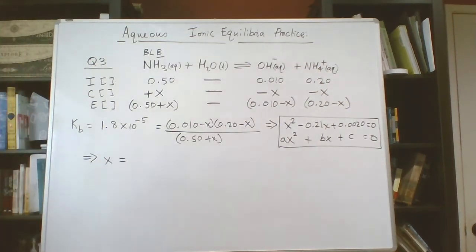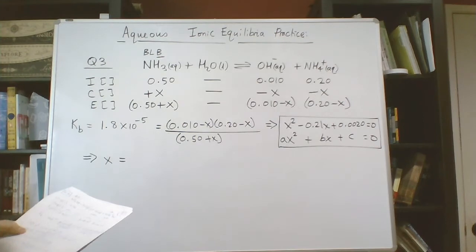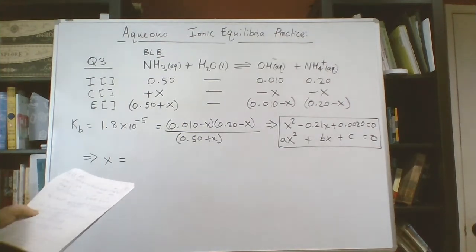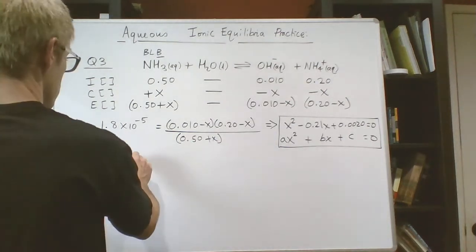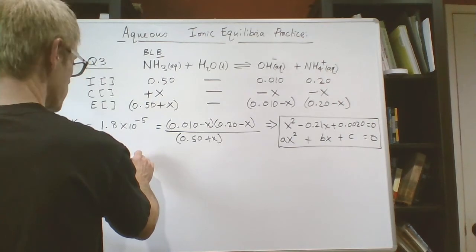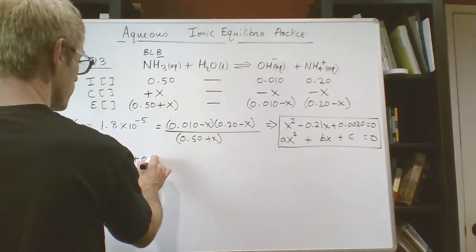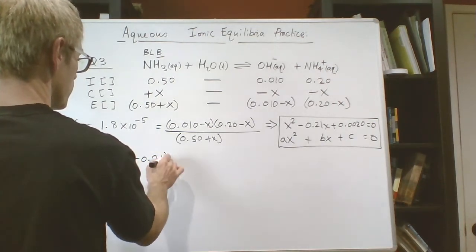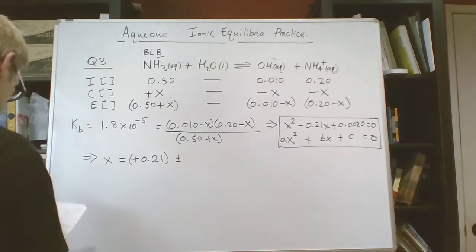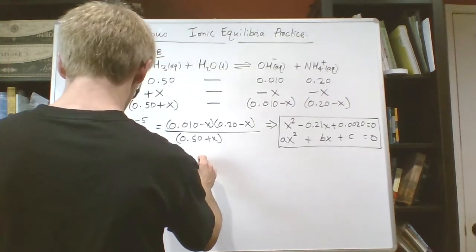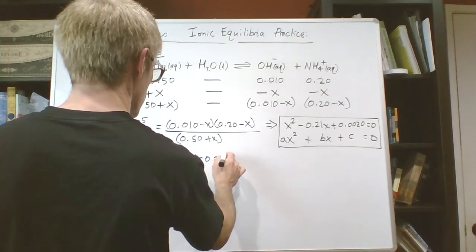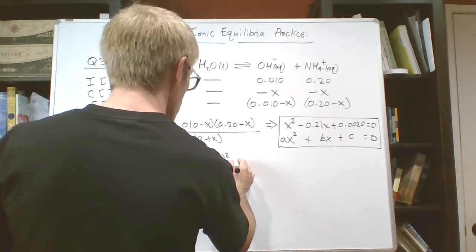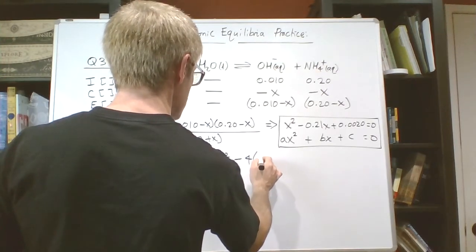So remember the quadratic is x is minus b plus or minus the square root of b squared minus 4ac, all over twice a. So it's minus b, so that's plus 0.21, plus or minus the square root of b squared, which is minus 0.21 squared, minus 4 lots of ac.